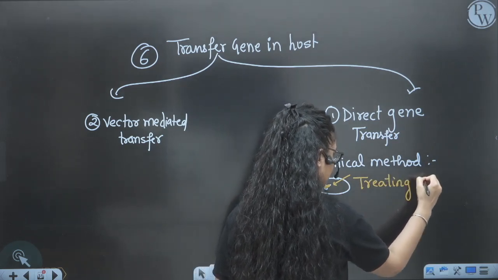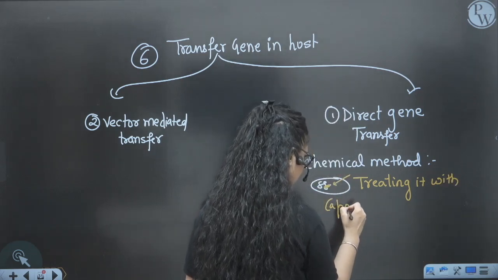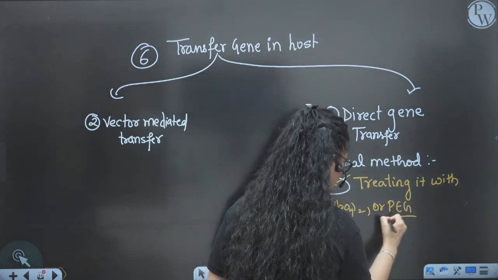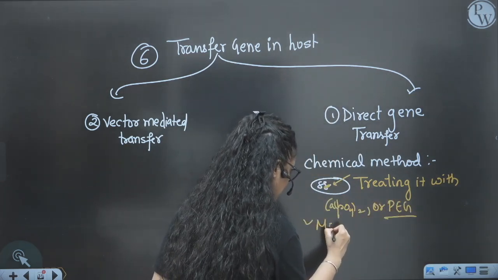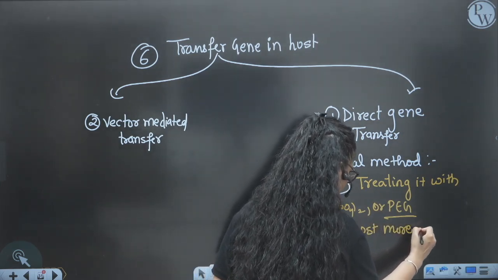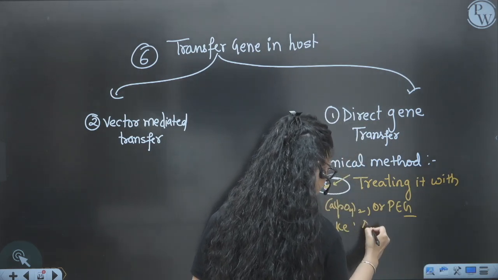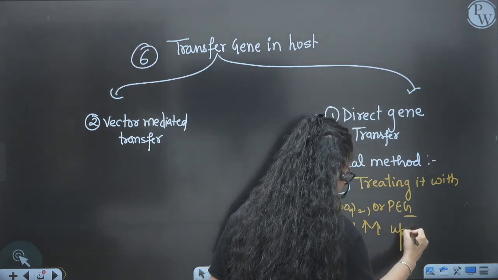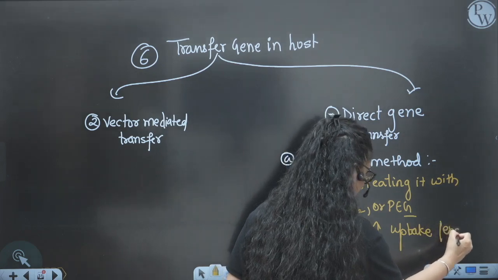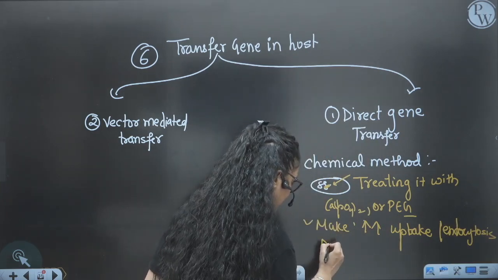Treating it with chemicals like calcium phosphate or PEG, polyethylene glycol, so that we can make the host more competent to take up, or endocytose, our DNA, so that it can take up our DNA very easily.